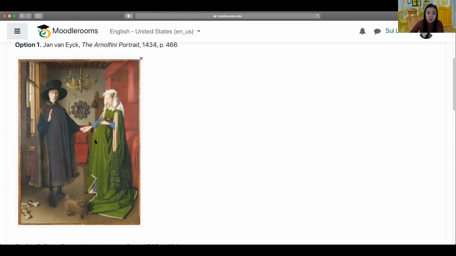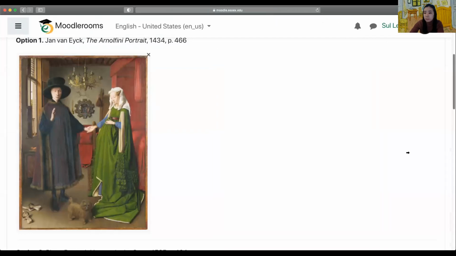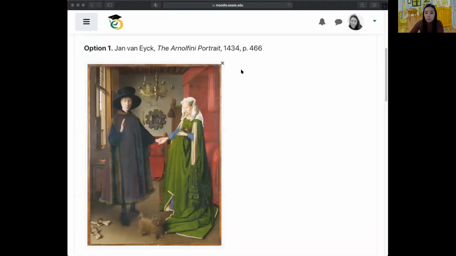This artist is using green and red, complementary colors, to show simultaneous contrast, right? Like that. So what else can we find?